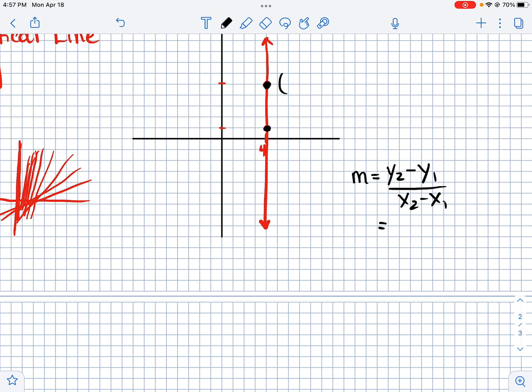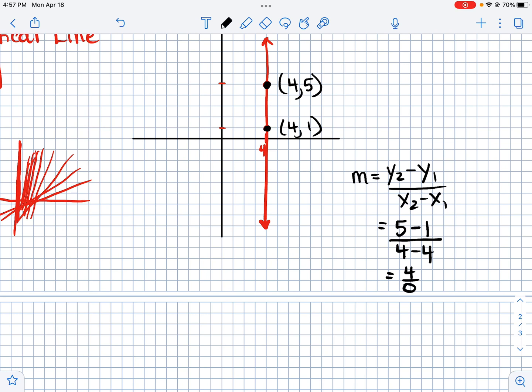So I have a point here, x is 4 and y is, what was it, 5? And here x is 4 and y is 1. So let's say I use my slope formula. So I have to subtract my y's. So 5 minus 1. And then I have to subtract my x's, 4 minus 4. So 5 minus 1 is 4, and 4 minus 4 is 0.